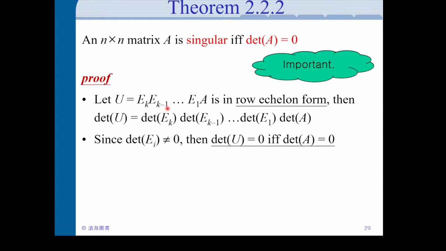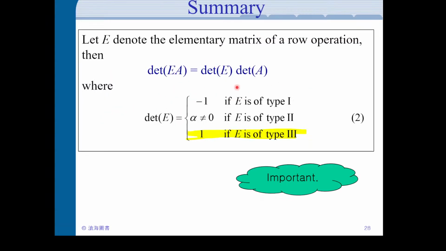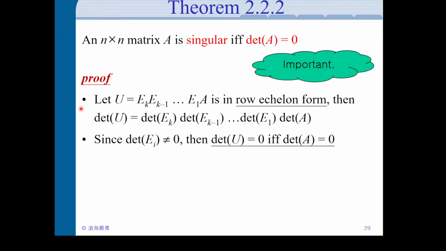Then we take the determinant on both sides, so the determinant of U equals the determinant of those things. Then we use this property a whole bunch of times: the determinant of this product is the product of the determinants, because you can keep taking the determinant over each E_k. This is where we use the thing we just proved.